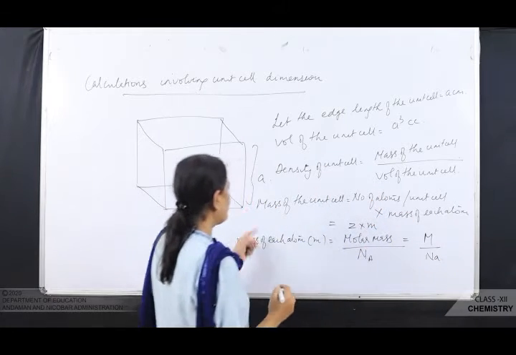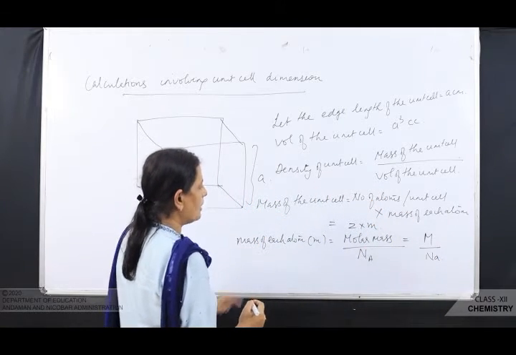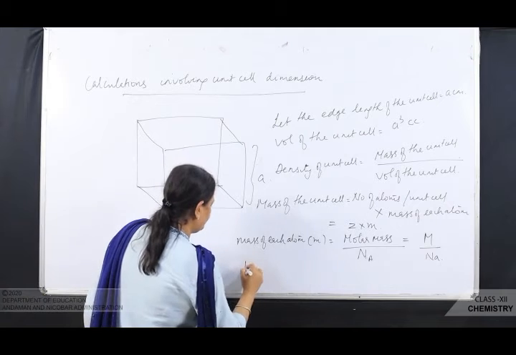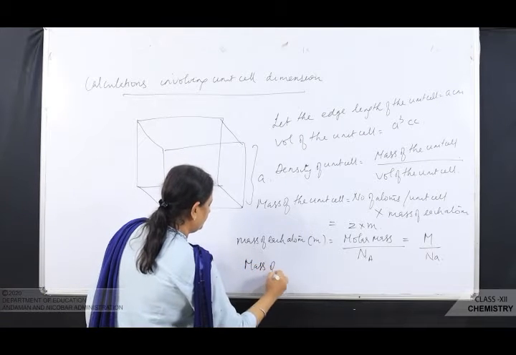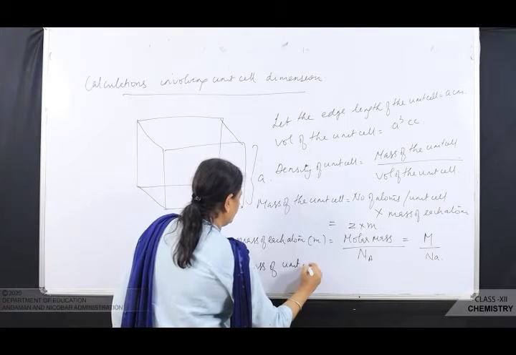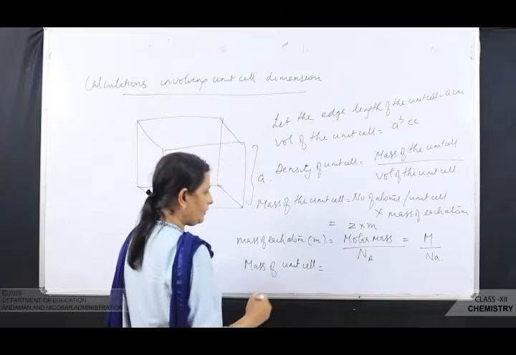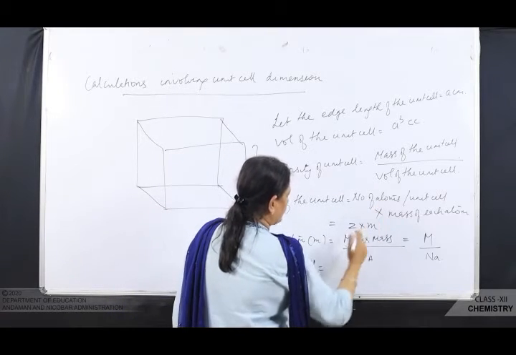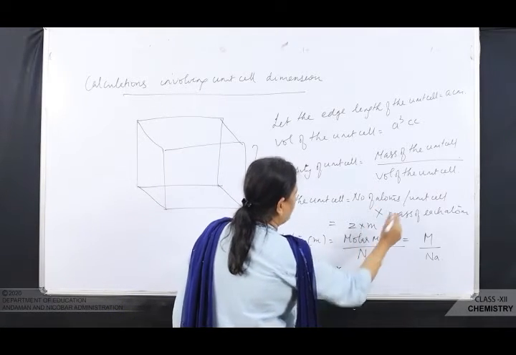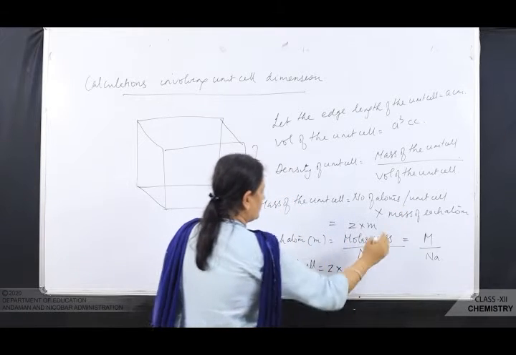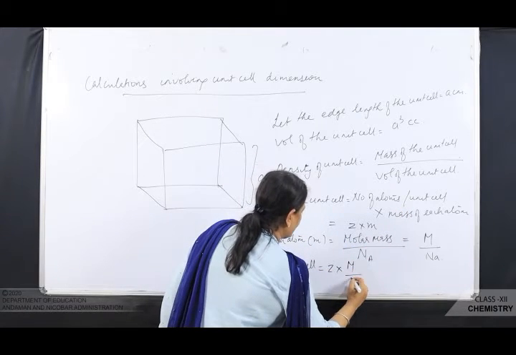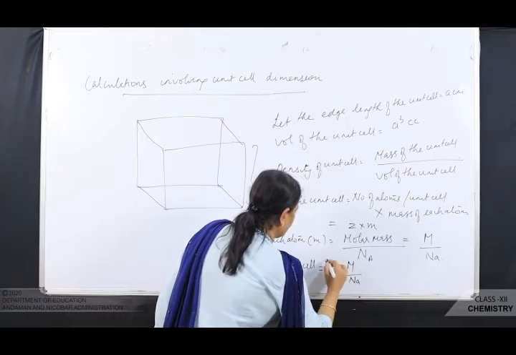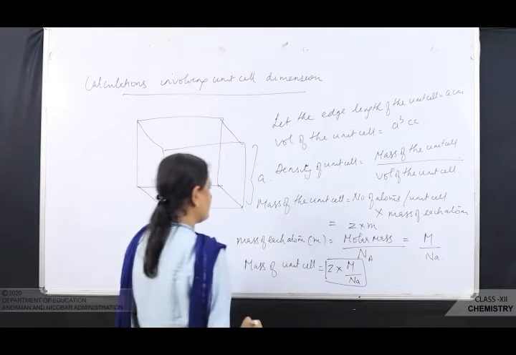So, what will be the mass of the unit cell? Mass of the unit cell is equal to number of atoms per unit cell Z, and mass of each atom is molar mass divided by Avogadro number. So, this is the mass of the unit cell.